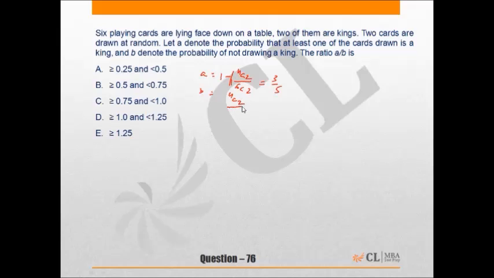So value of B is 4C2 upon 6C2. This is 2 by 5. Therefore, the value of A by B is 3 by 2. This is 1.5. Out of the given options, 1.5 lies in the fifth option, that is greater than 1.25.